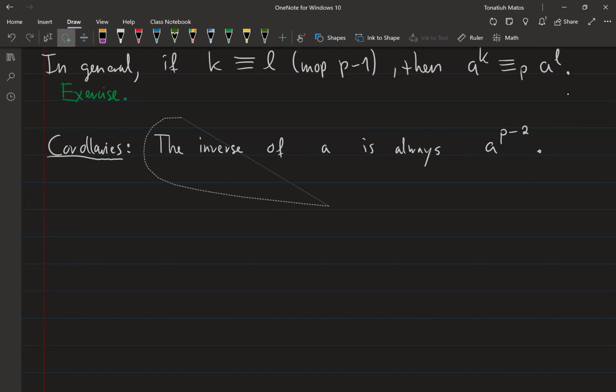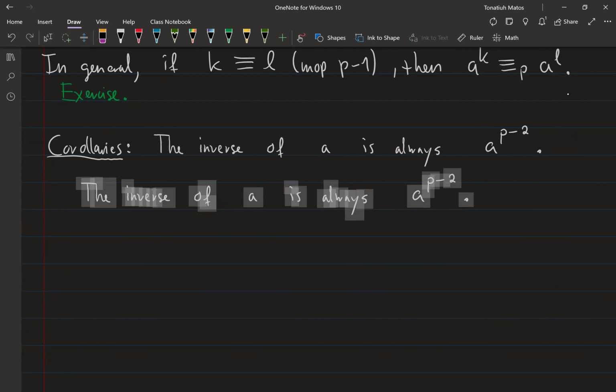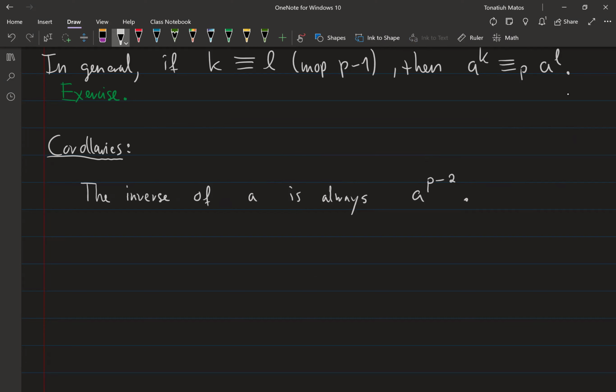Actually, this isn't true. I need to add a condition: if P is not 2. P is prime, but P equals 2 is kind of a weird case because it's the only even prime, so here things don't really work out. So this is the first corollary: the inverse of A is always A to the P minus 2.